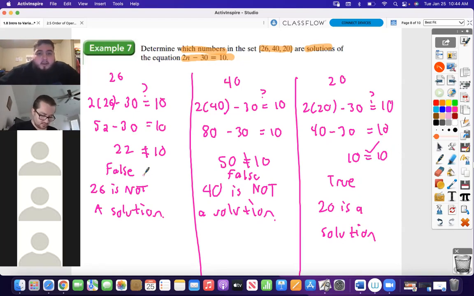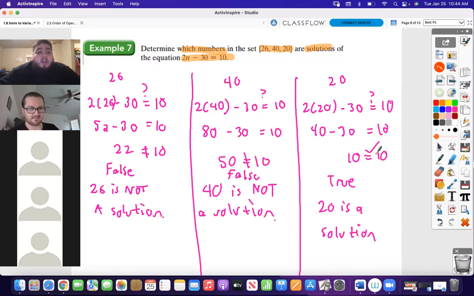All right. Now, does anyone have any questions on the process or what to do if you were to see a question on your homework that said, hey, can you check if these numbers are solutions or not with this equation? So basically, if it's written like this, for example, and it said the three numbers like that, you'd always insert them exactly how you have it written, two parentheses, said number.